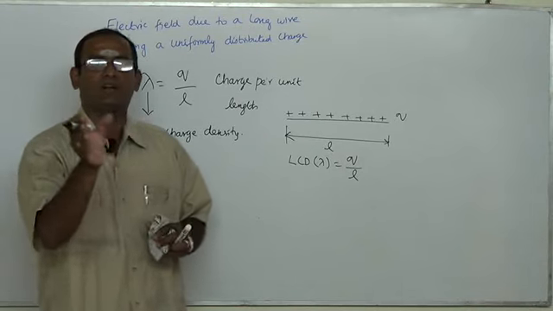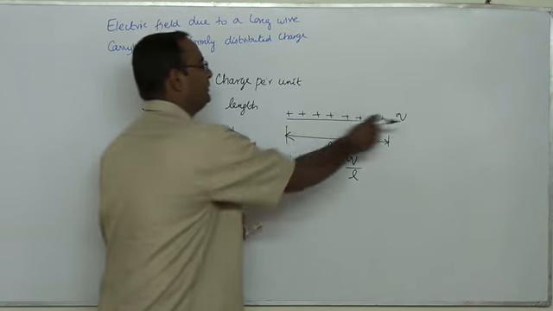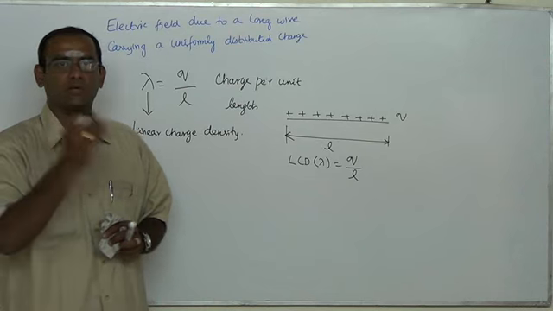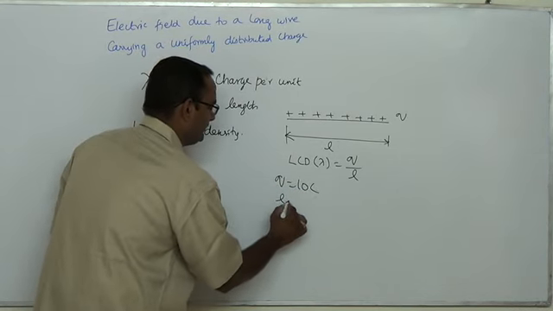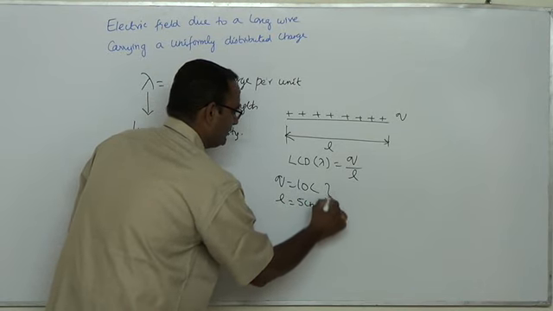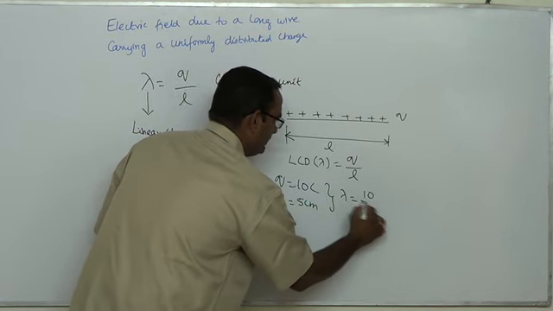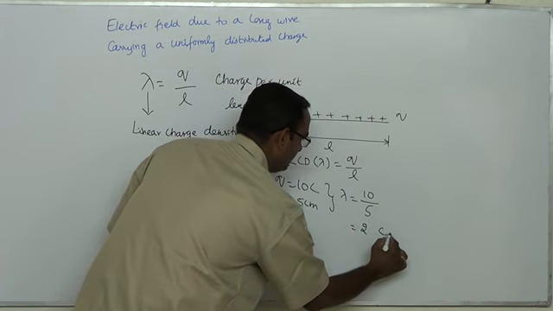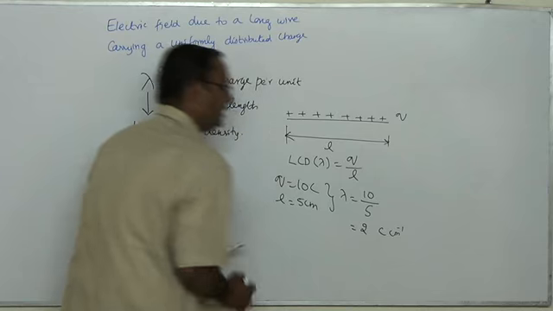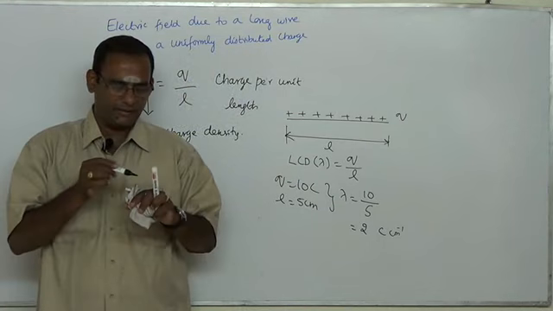This length is what we take in place of the number of persons. Let us take 5 centimeter here, and the charge is 10 coulomb. If the total charge is 10 coulomb and the length is 5 centimeter, then your lambda is 10 divided by 5, which is nothing but 2 coulomb centimeter inverse, or coulomb per centimeter.